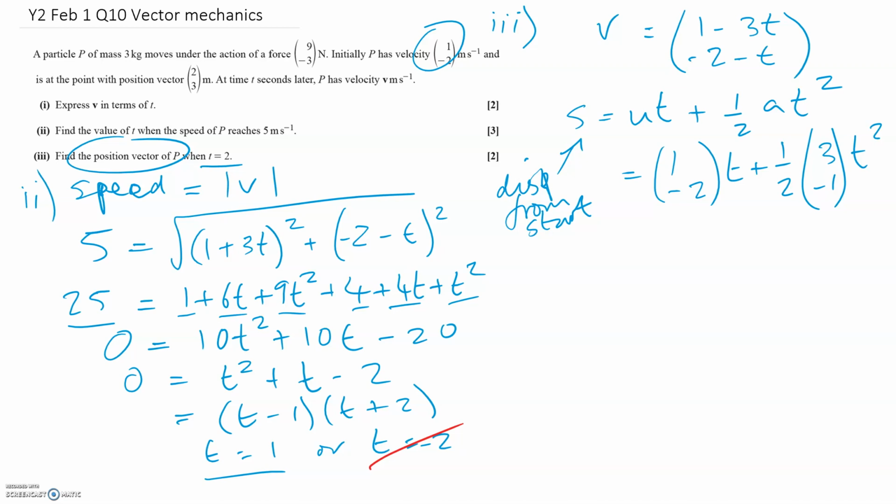It tells us that t equals 2. So when t equals 2, this value of the displacement is going to be, well, let's just work it out. We're going to have 2 times by 1, so that'll be 2 over minus 4, plus all of this times by 4.